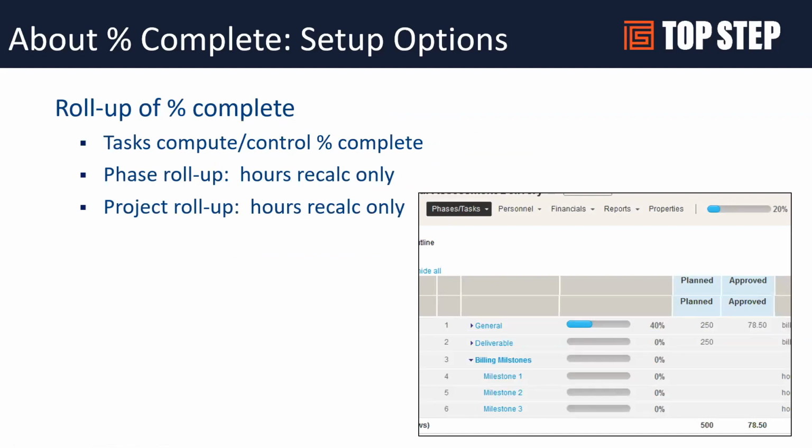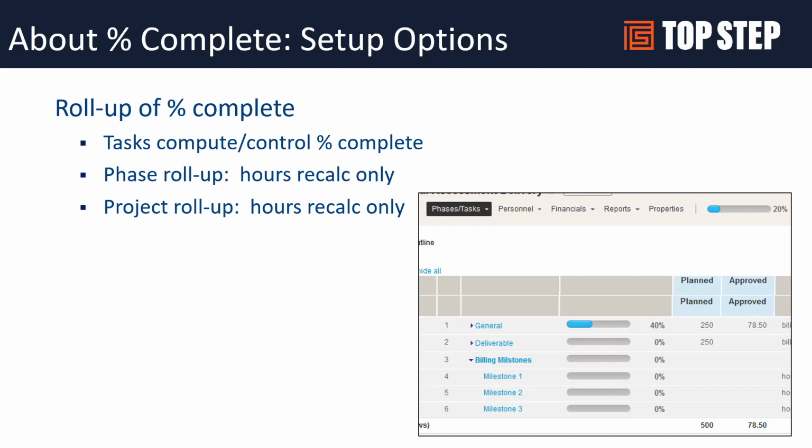The way that OpenAir rolls up percent complete is it is not an overall project calculation. It is a task by task roll up. So it will take each task that qualifies for percent complete calc, and it will roll up those to come up with an overall project percent complete. So it's important to know that it will not factor in any tasks or milestones where there are no planned hours.